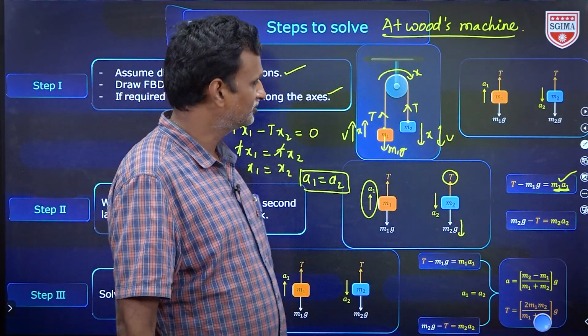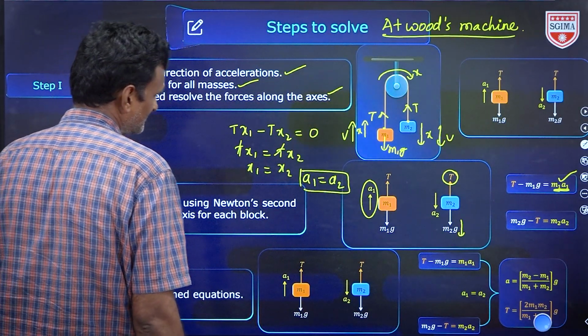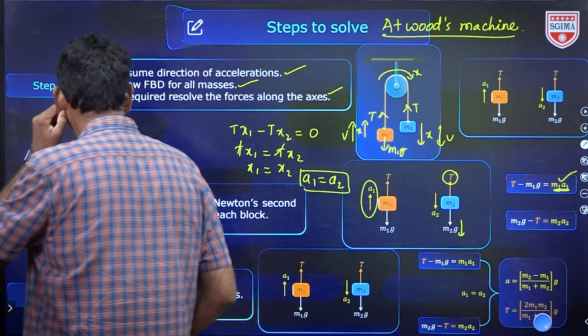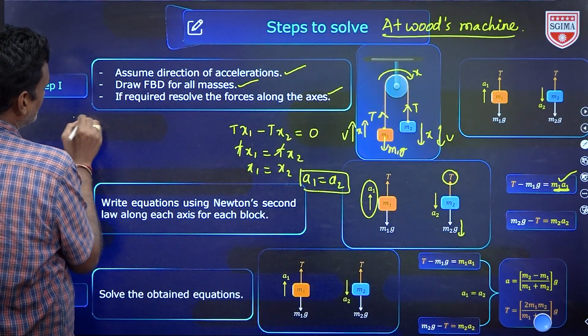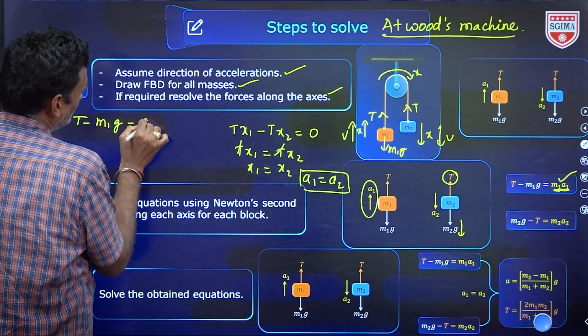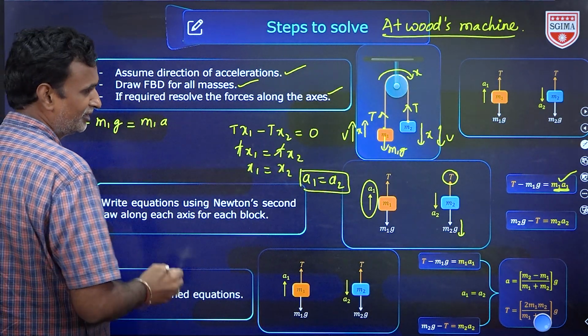Now these two equations we have to solve. How to solve them? Let us see here. Let me write the equations. First, T minus m1g equal to m1a, where a1 equals a2, I am just writing a for both a1 and a2.